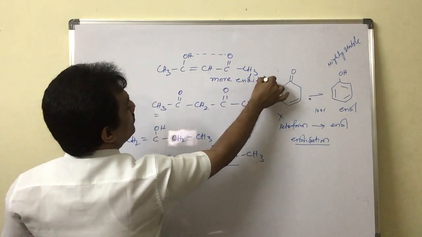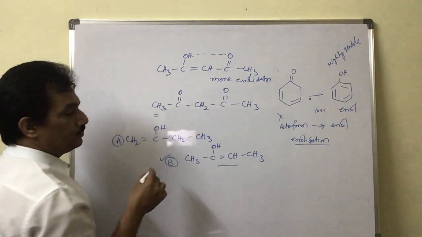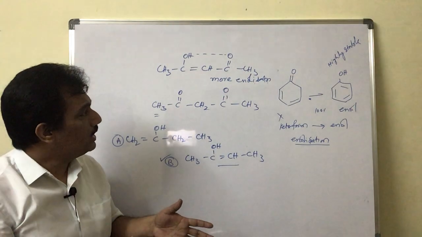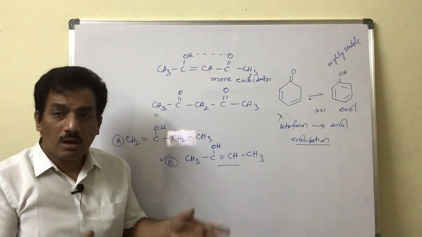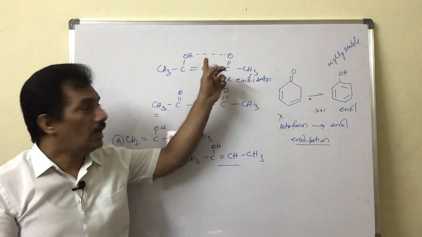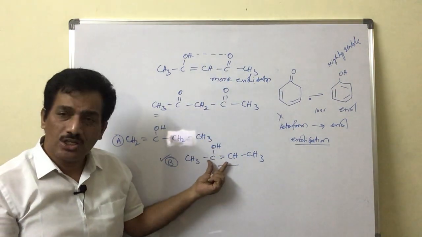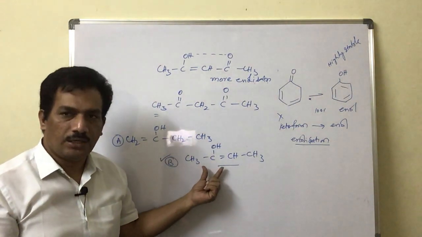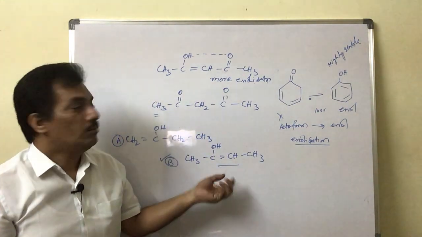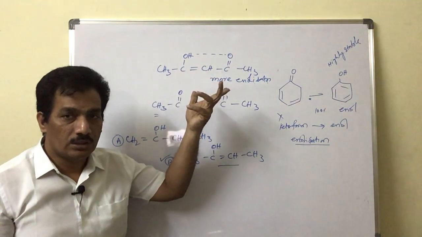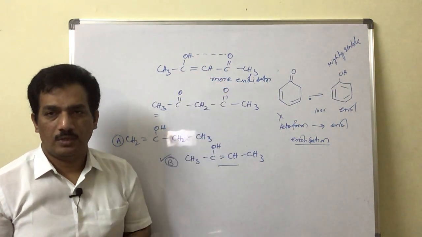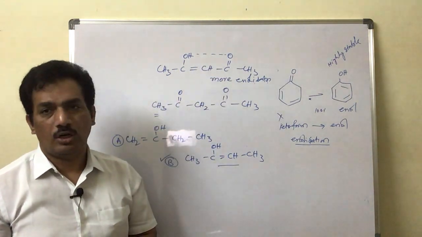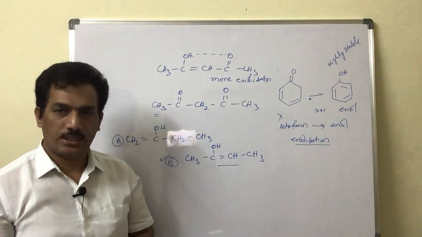Because intramolecular hydrogen bonding gives some extra stability to the enol form, and compared to this, it has less enolization. When these two are formed, it is a very small content, 1% or 2%, but here it forms a higher percentage, nearly 70% of this enol will form. The reason is the formation of intramolecular hydrogen bonding, which gives the enol form more stability.